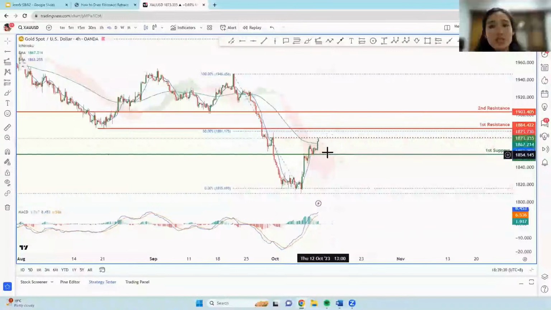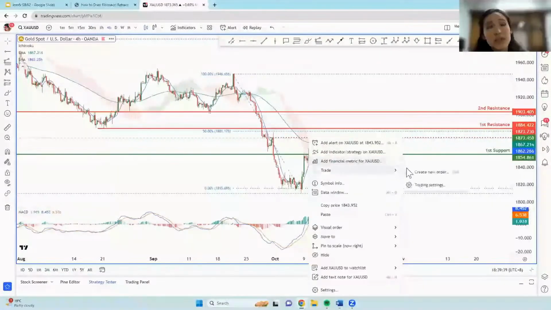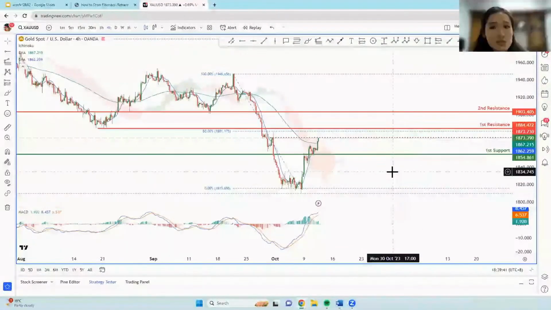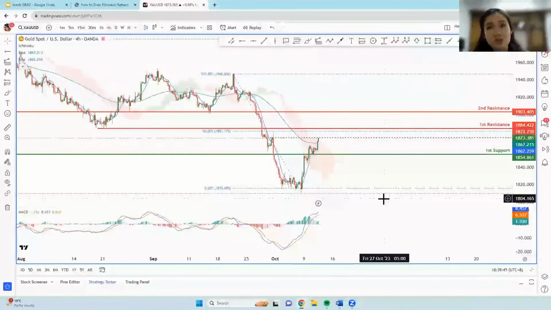So here we can see that currently there is no crossover between the two, and in fact price is moving above our SMA, simple moving average. So it suggests that price is gonna continue moving upwards.